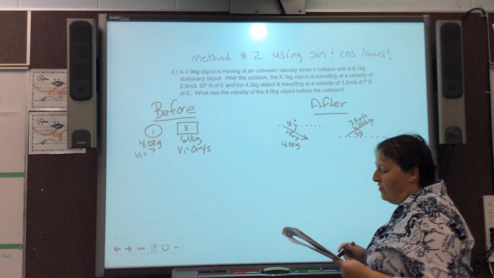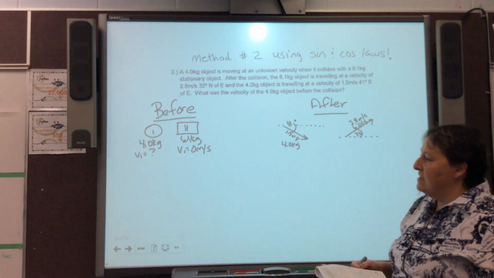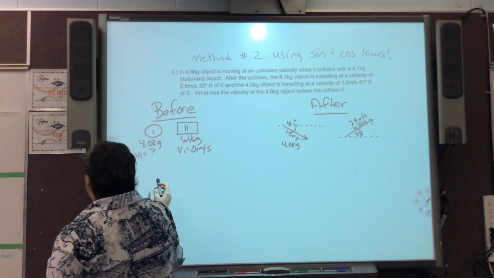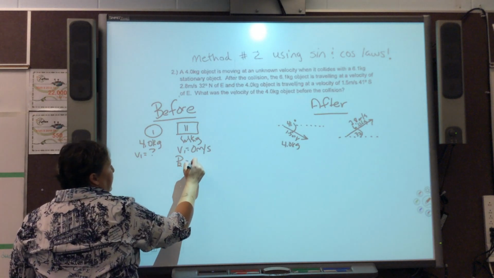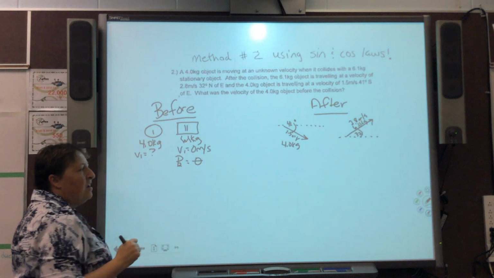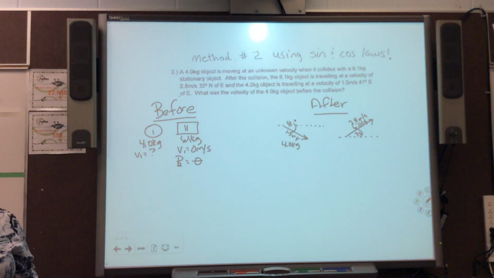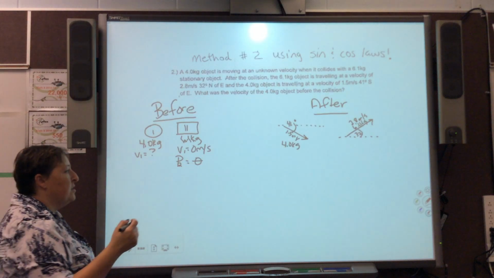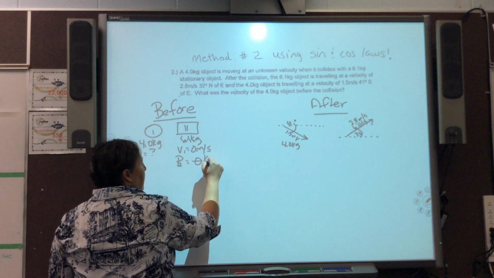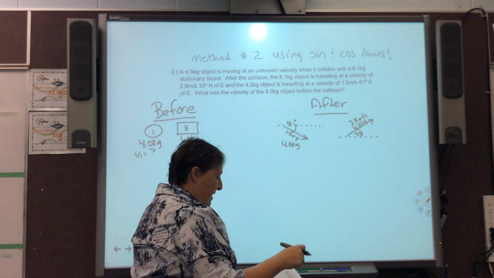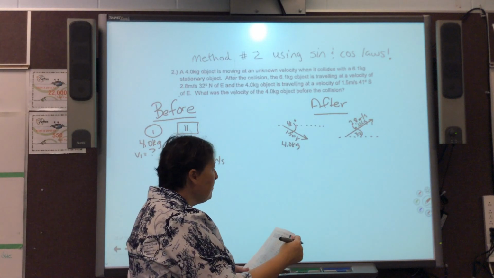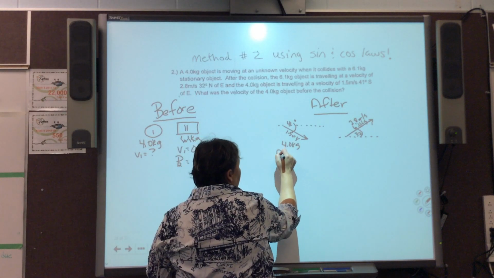So what we can solve is, we can't solve momentum 1 here, but we can solve momentum 2 as being 0, because mass times velocity, anything times 0 is 0. Here we could solve our P prime.